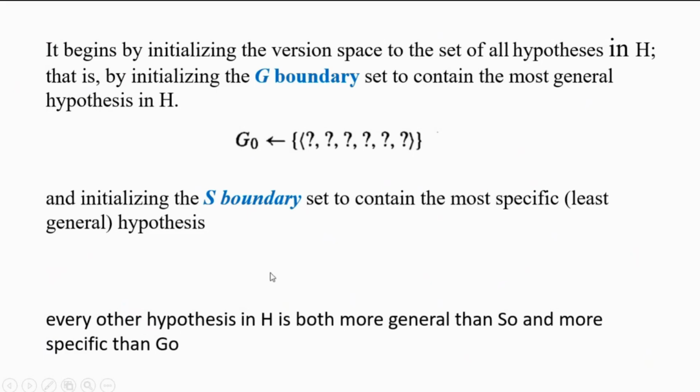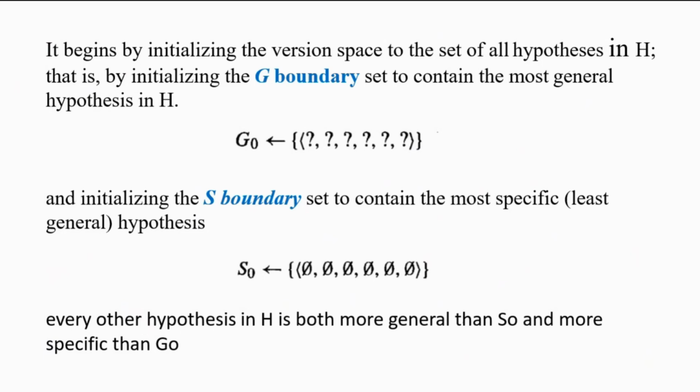But the S boundary, I said, is the very specific boundary. G stands for general, S stands for specific. Please remember it in such a way. The S boundary set consists of the most specific hypotheses, so it starts with the most specific values, where all attributes will be null.